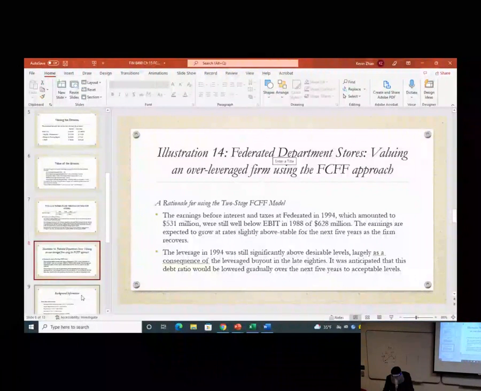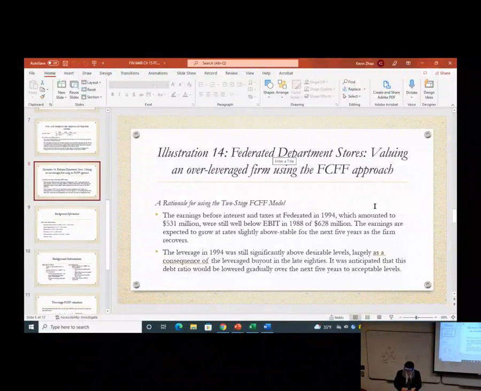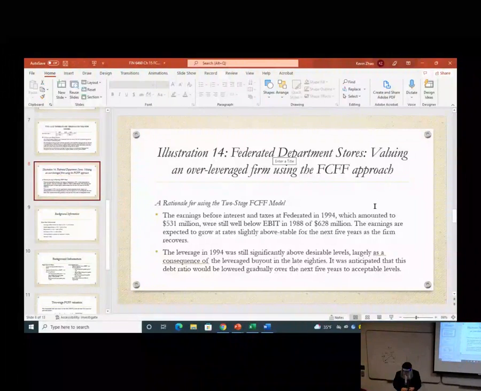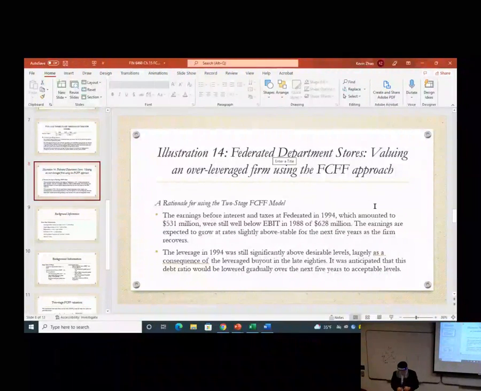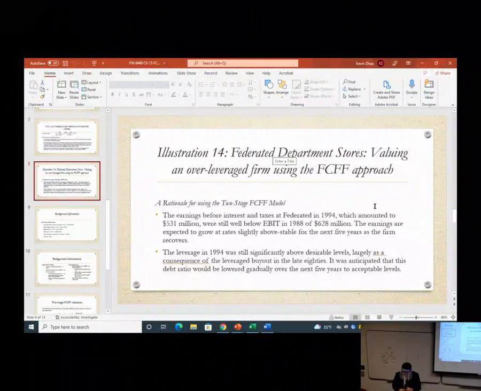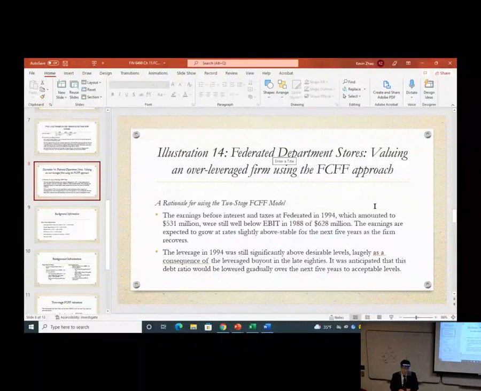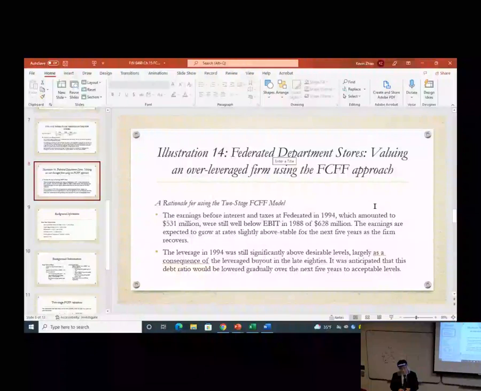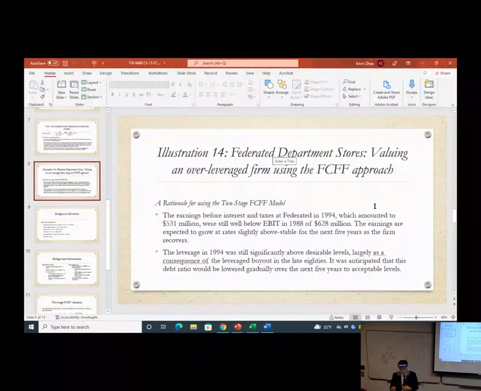And let's take a look at another example for the two-stage model. Federal department store, a pretty old department store. The rationale is that the earnings before interest and taxes at the company, which amounted to $500 million, was still well below EBIT in 1988, $628 million. So the company went through a distressed time, and right now you would expect the company to go through a strong recovery and expansion.